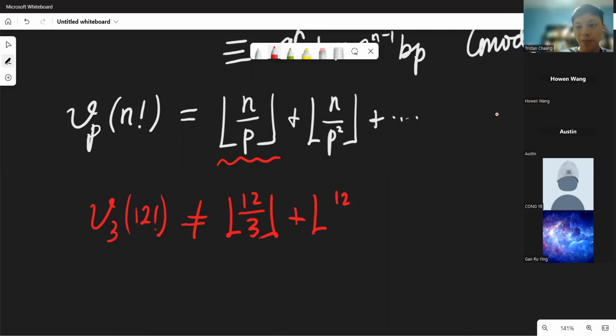but 12 is quite a small number, so it might not be very nice. Let's say it's 112 instead of 12. Then the first term calculates how many multiples of 3 there are.